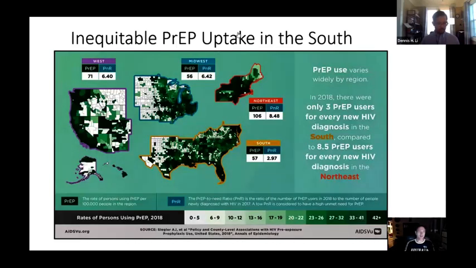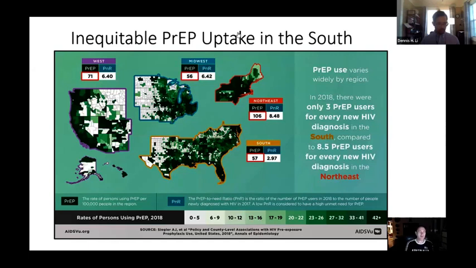So I'll just start with the reality of inequitable PrEP uptake in the South. The panel that you see here is an infographic that we produced in association with the release of our county level data sets on AIDSVu.org. It illustrates the levels of PrEP use by region. There are different ways to look at levels of PrEP use.